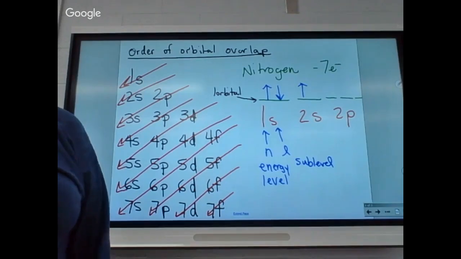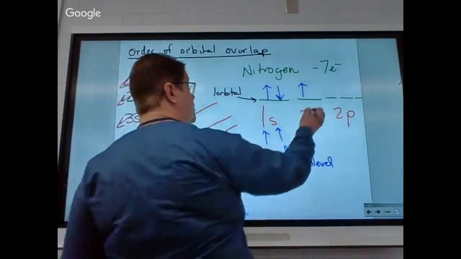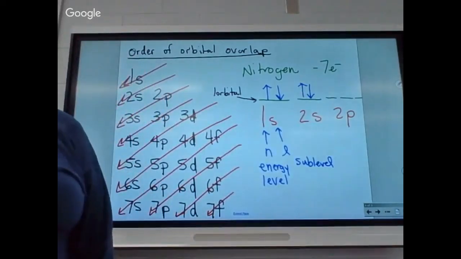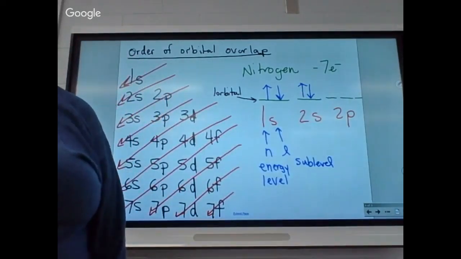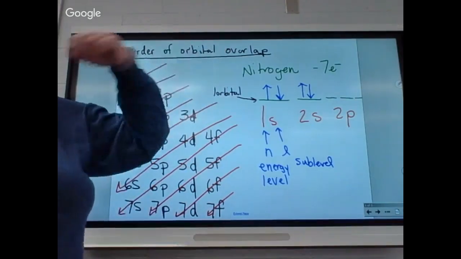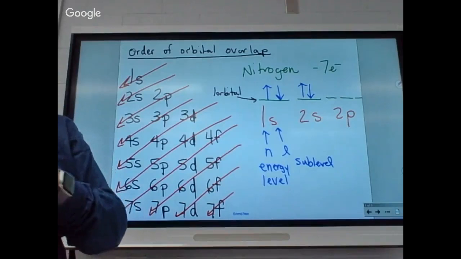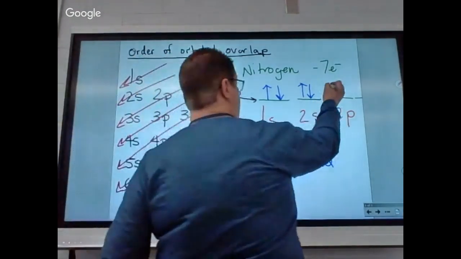It's not. So the 4th electron must go in 2s to fill the 2s energy level before it can go to the next room. So we've placed 4 of our 7. We have 3 to go. Number 5 is going to go in 2p.